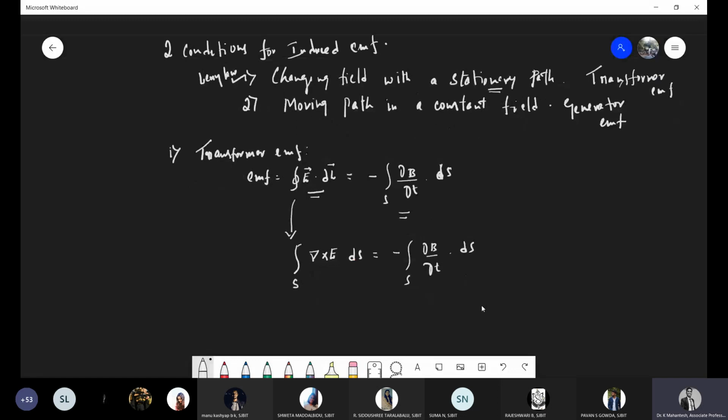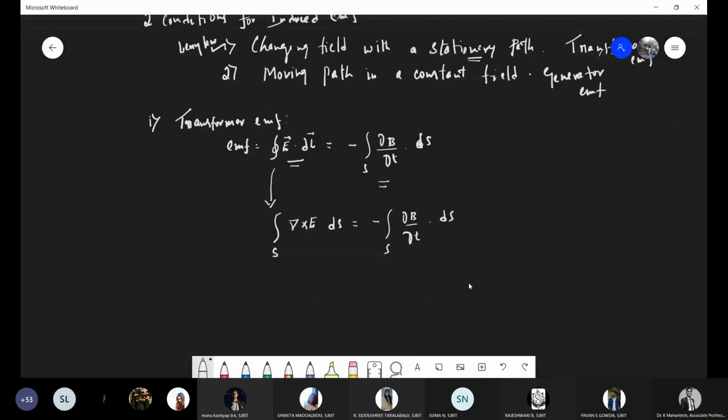Therefore, del cross E is equal to minus ∂B/∂t.